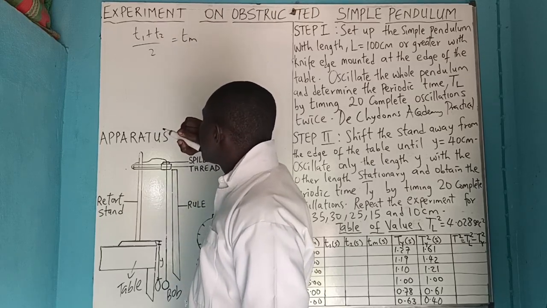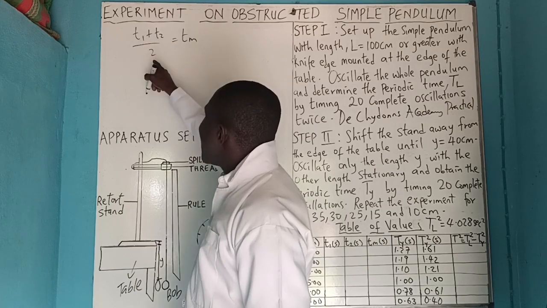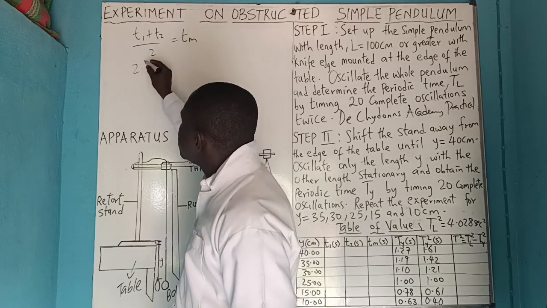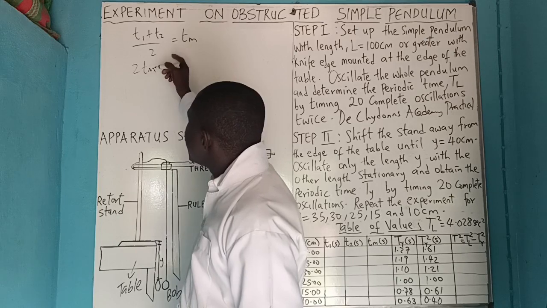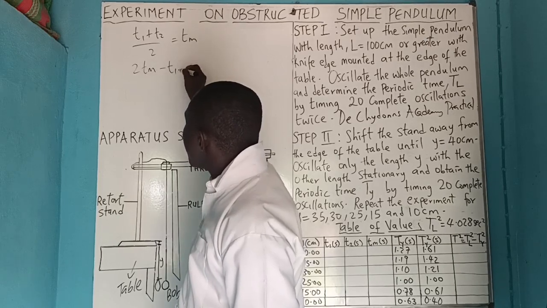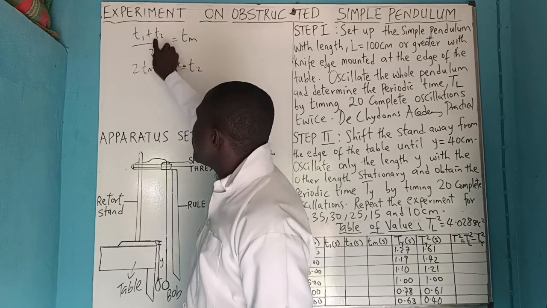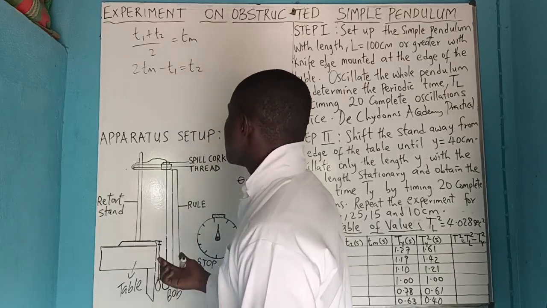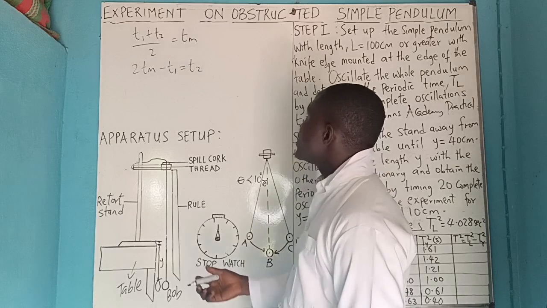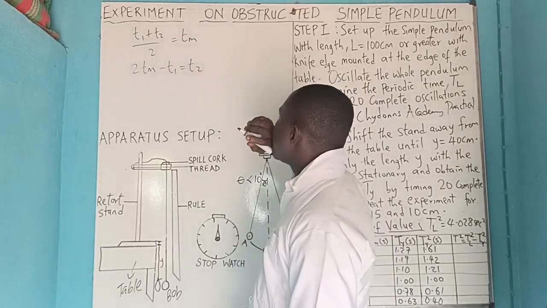Therefore, 2Tm minus T1 equals T2. 2 times this 2Tm minus T1 equals T2. Are you getting it?